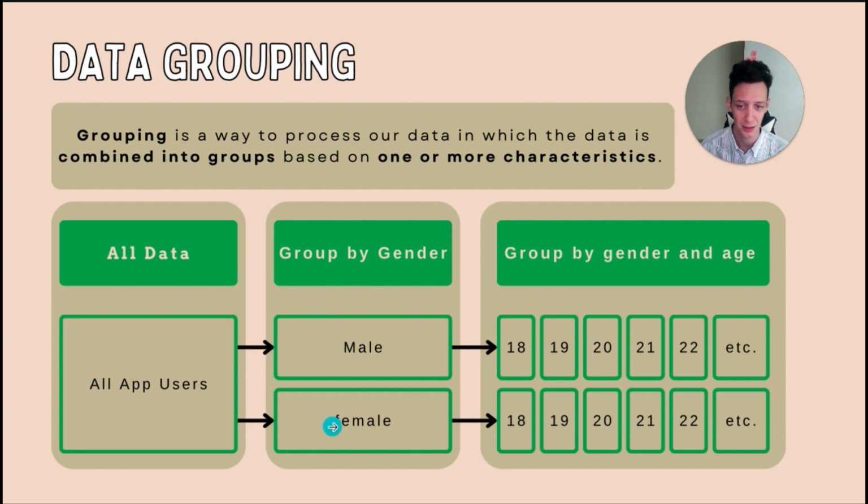I can break it into 2 groups. And then, for example, if I take the male group, I could then create subgroups within that. I could even go into age. So I'm creating a group of, for example, 20-year-olds who are males within all the app users. So I'm getting very specific.